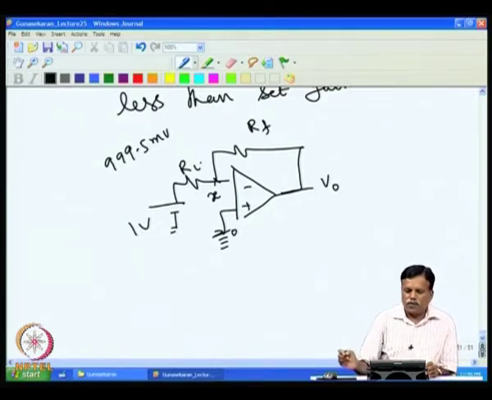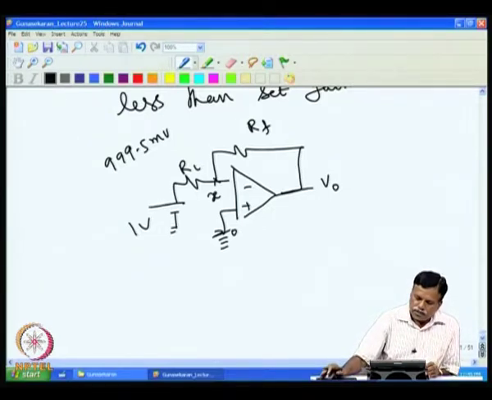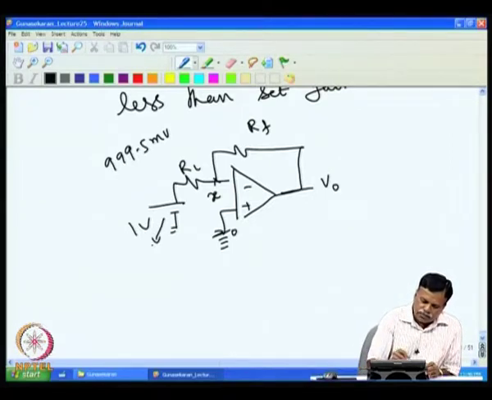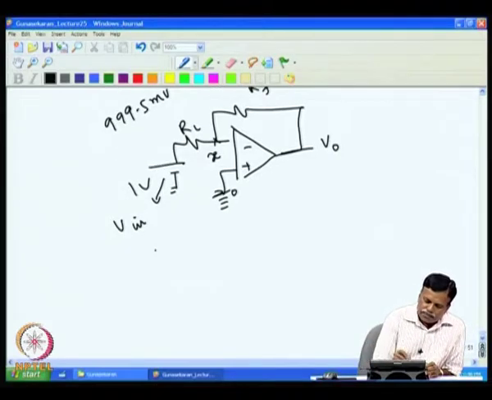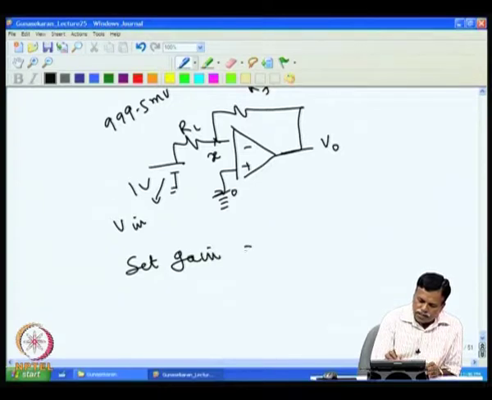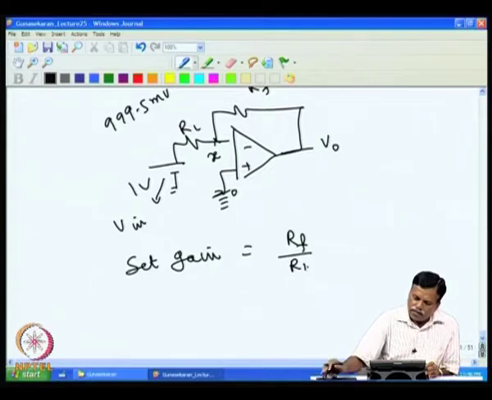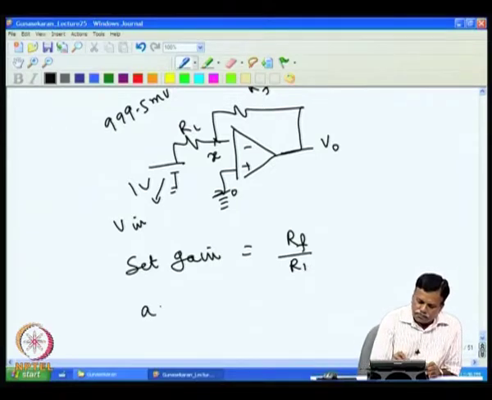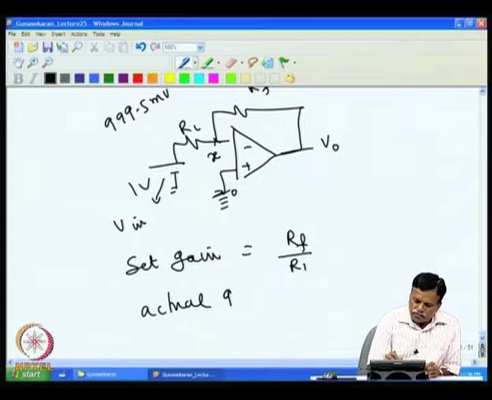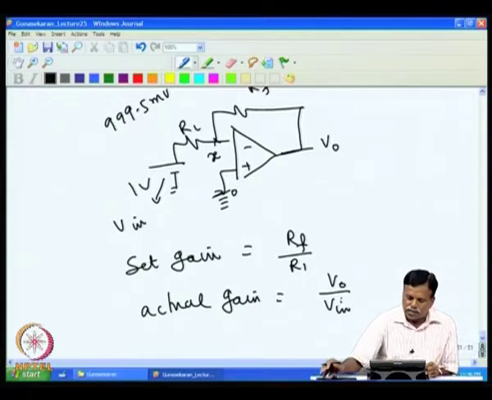So, you have RF, R1 and V input, and that is V0. The set gain is RF by R1. The actual gain is V0 by V input, that is what we wanted actually.